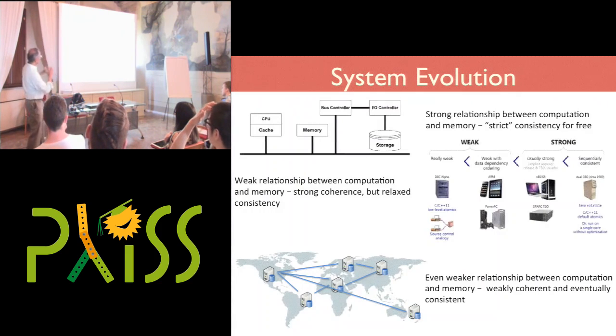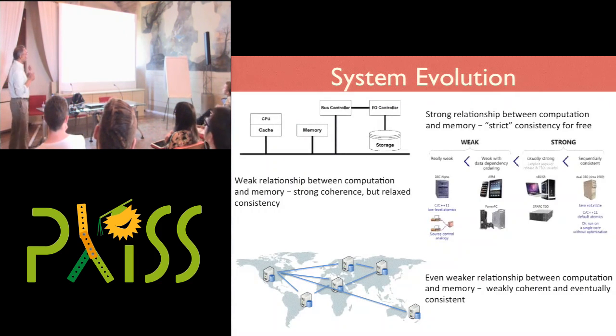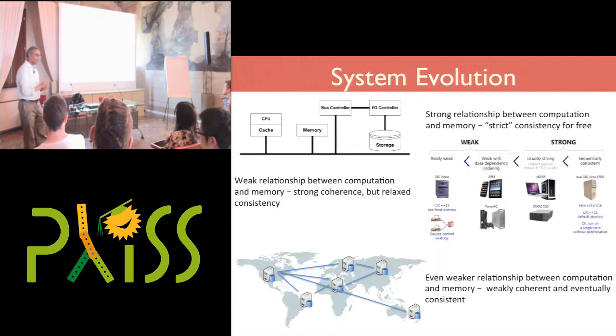And in this scheme, there's a very strong relationship between computation and memory. In other words, when I write a particular location to memory, I expect that if I do a subsequent read, I'm going to read that value, right? There is a very, very tight interconnection between computation and data, right?